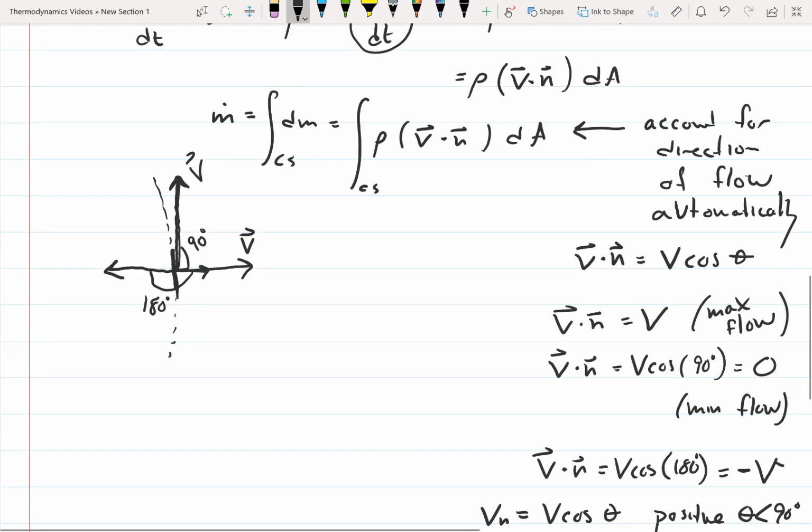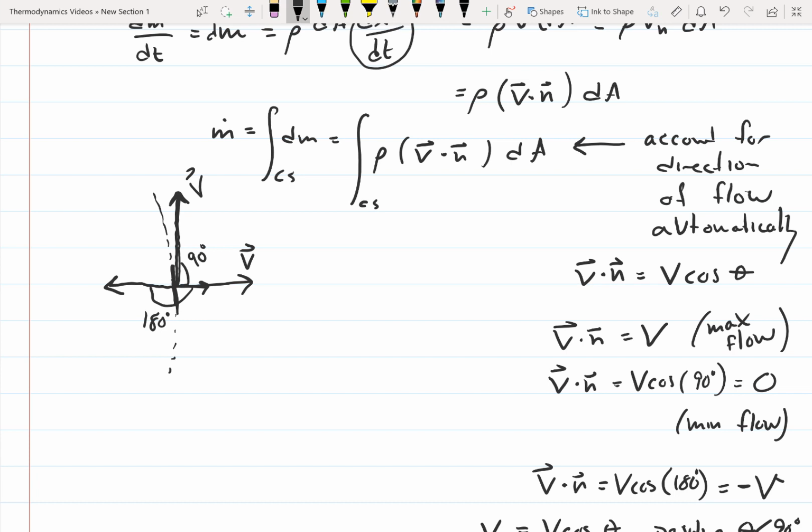So if we consider this equation where we're summing over the entire surface and adding up all of the mass flowing into or out of the surface, this dot product between the velocity and the unit normal vector takes into account the direction of the flow. So it's already going to take into account whether the flow is into or out of the control volume.